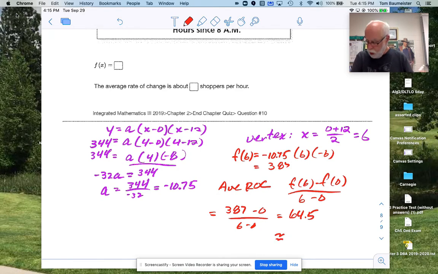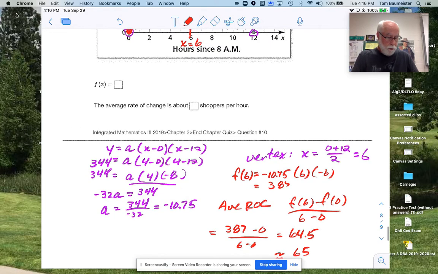So if we rounded it, we would get approximately 65. So let's go back up here. What am I supposed to write? So our f of x is equal to negative 10.75. Now I'm not sure if it did mark you wrong if you put x minus 0.